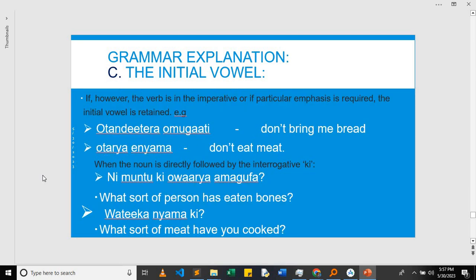Let's see another statement. We have other ones like otandetera omugati. Don't bring me bread. Like we saw this one, otarya enyama. Don't eat meat. So we are continuing to see how otarya enyama, don't eat meat.